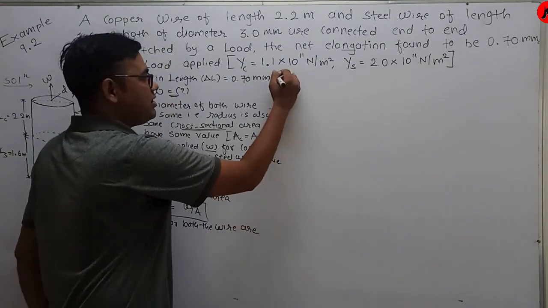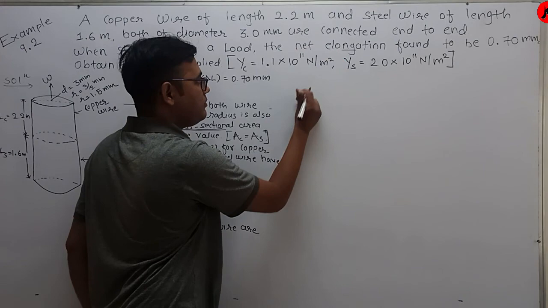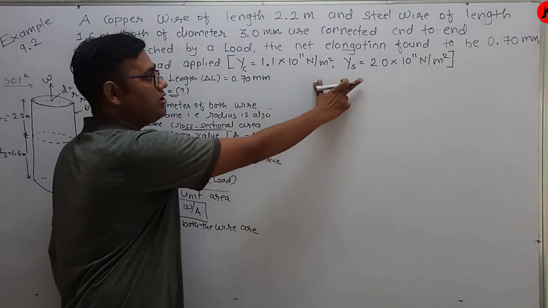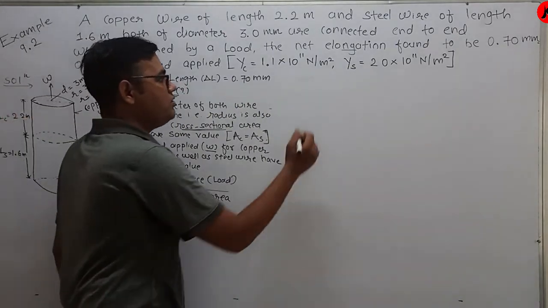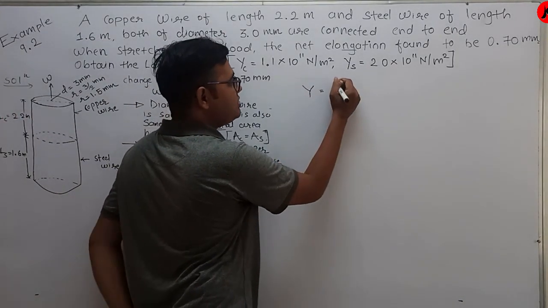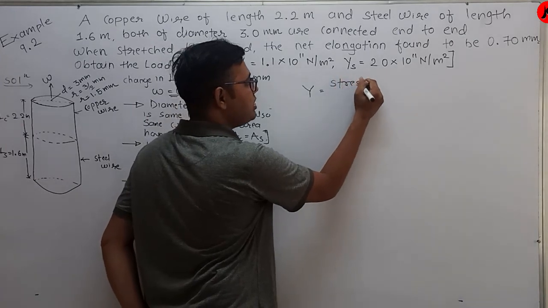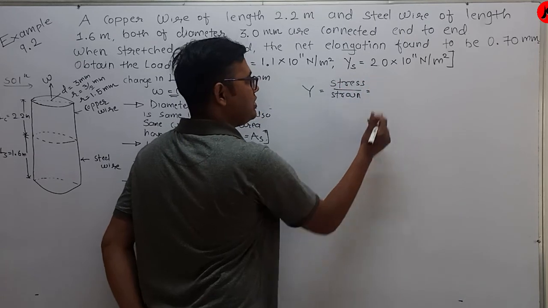Now let's write the equation for Young modulus Y, because we have already been given the value of Young modulus for copper wire as well as steel wire. So we know Young modulus Y is given by stress divided by strain, right?